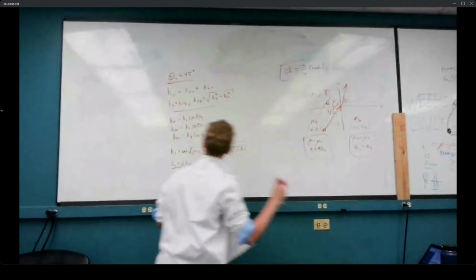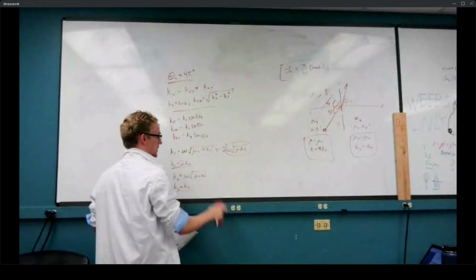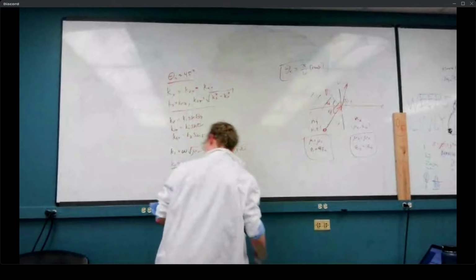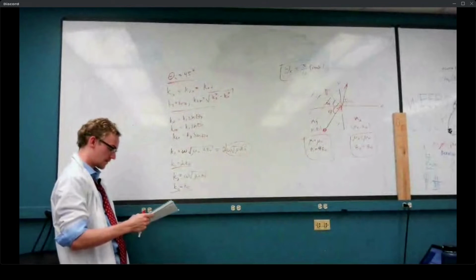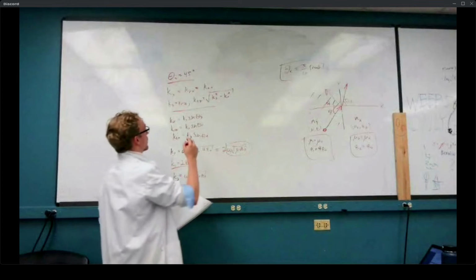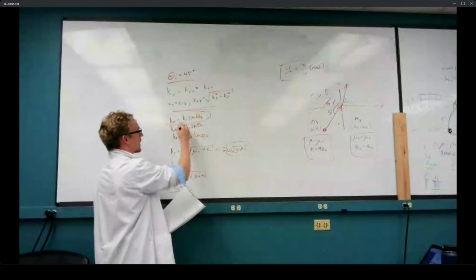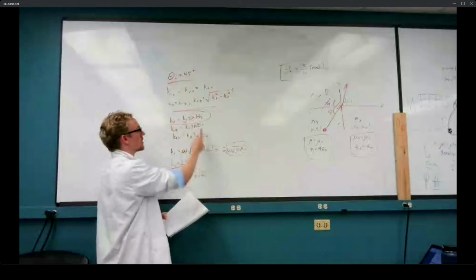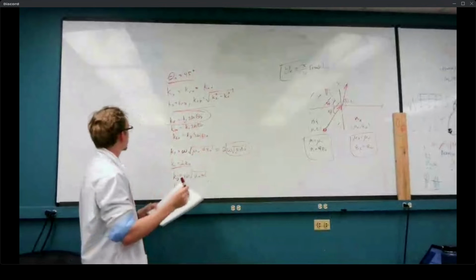Now, I'm going to just have to squeeze in here. We can choose our kx from here, because now we have solved for k1, and we're already given our theta I. Kx is one of the values it asked for.